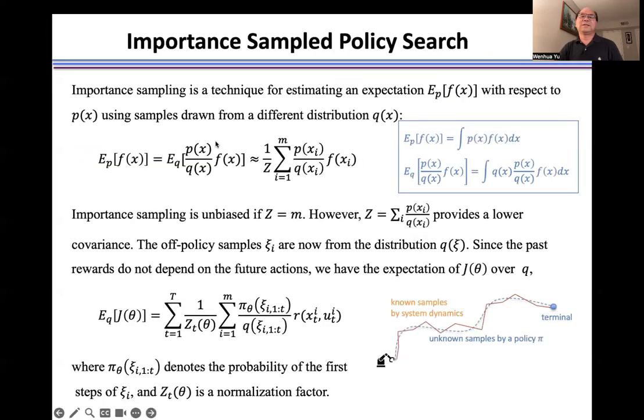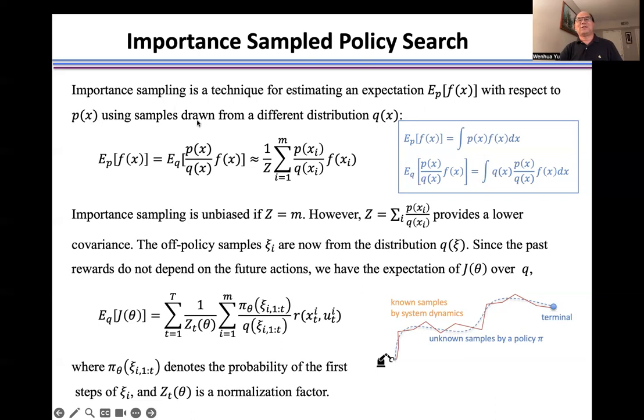However, because the policy pi is what we are searching for, we cannot use it to generate samples to search for the policy itself. So we need a method like importance sampling to calculate the expectation over pi, for example.